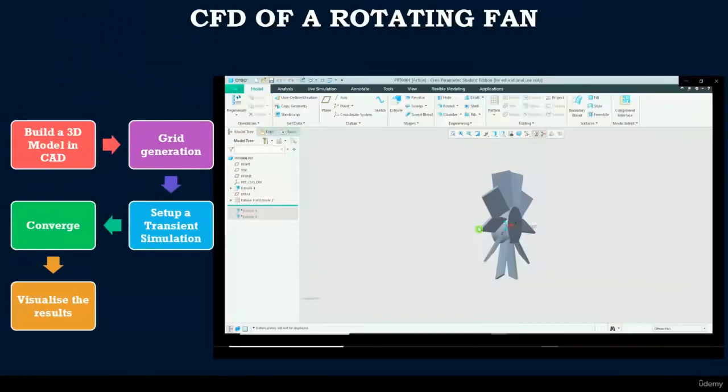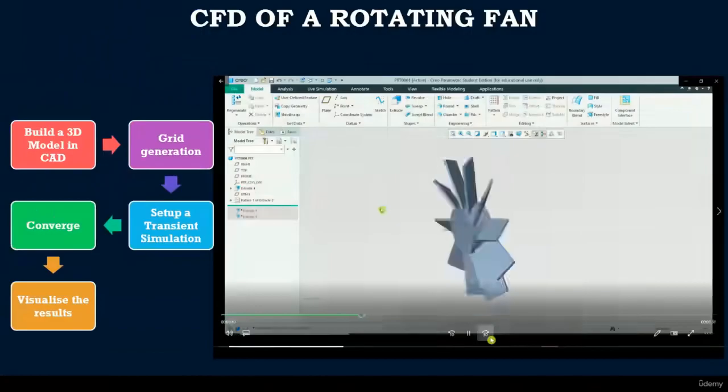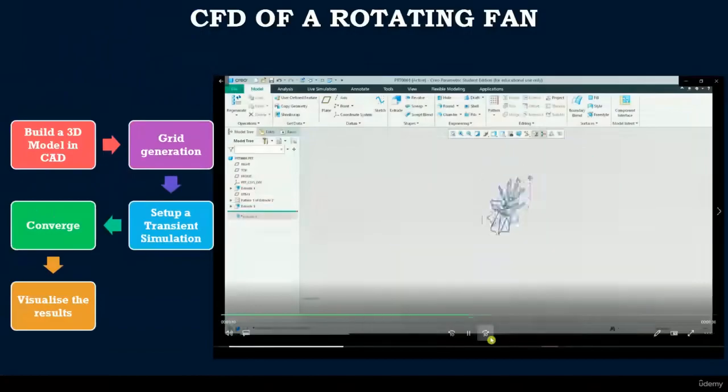Finally, the next project discusses the simulation of a rotating fan. This is yet again a conceptual project which will guide you in the process of solving these kinds of cases. In this project, we will begin with a three-dimensional model in Creo Parametric. We will be building a domain for these kinds of cases.